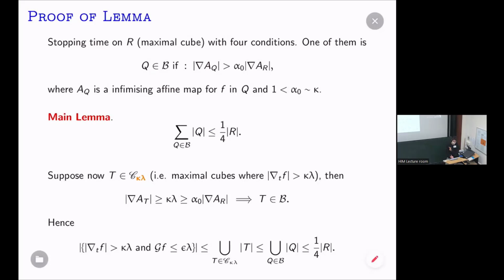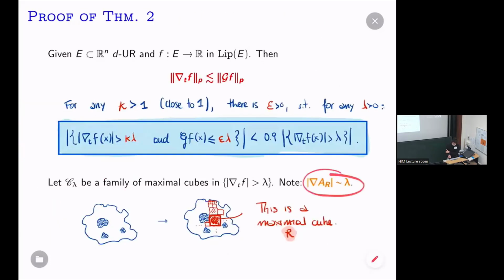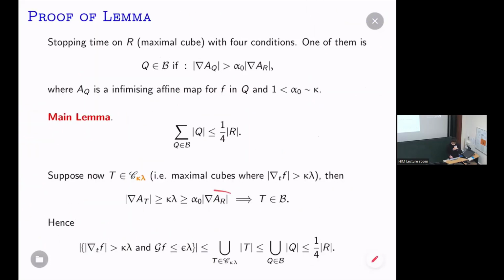AT again is the affine function which best approximates my function at the level of T, and then the gradient is larger than K lambda because of definitions essentially. Now K, I said, is roughly alpha naught, and lambda, I said before, the gradient of the maximal cube R is roughly equal to lambda. So we can bound this, and therefore any maximal cube in here is contained in the bad family that we have this bound for.